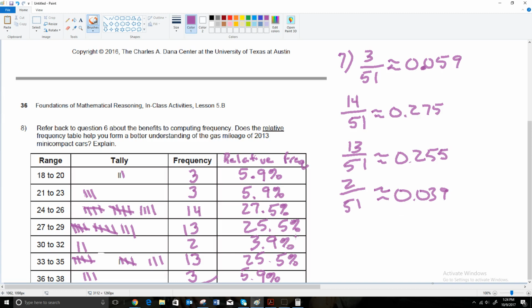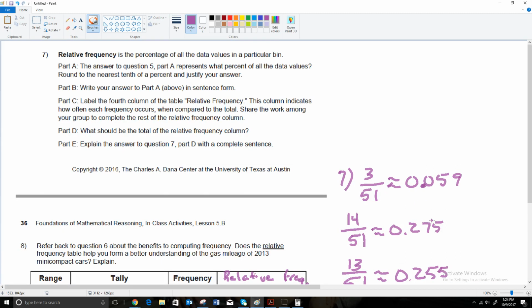So now what does that mean? It says to write a sentence for that. So write your answer to part A in sentence form. So hopefully I'm remembering this correctly.